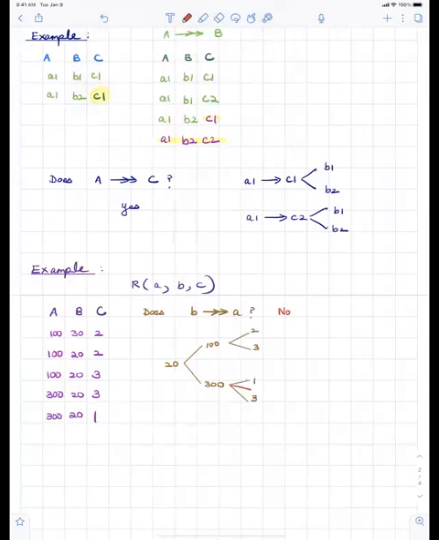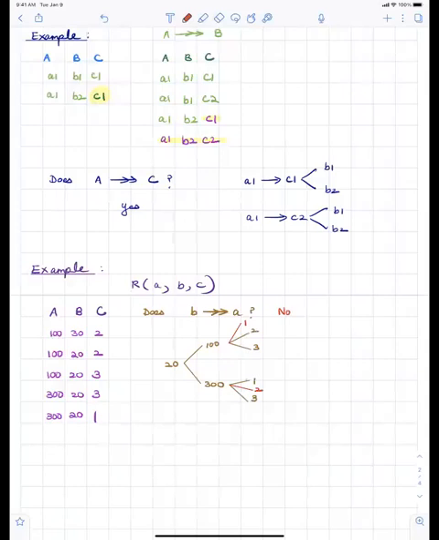Because you need to add out here a 2, and out here you need to add a 1. The thing with multi-value dependency is that if 20 connects to 100, then all the others must too. You can think of 100 as John. If John works in projects 100 and 300 and he has 3 dependents, then you have to show the 3 dependents in the other case too. Out here we don't have that.